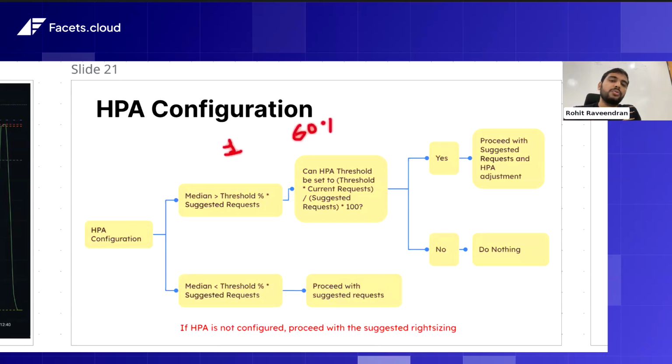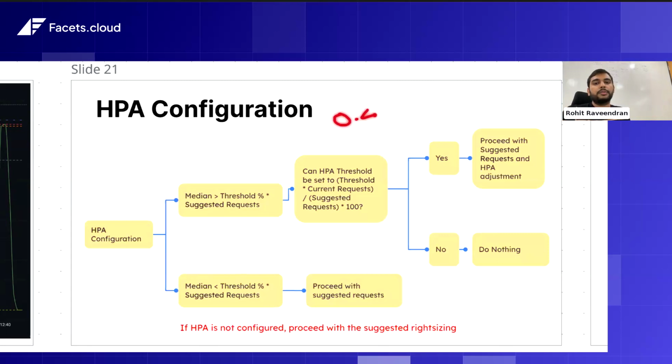If this was your earlier value, that means that the moment a pod starts hitting 0.6 vCPUs of utilization, it starts scaling out, right? Now let's say you have dropped the request to 0.7. Then it would scale out at 0.4, right?